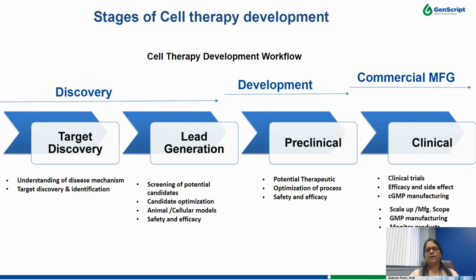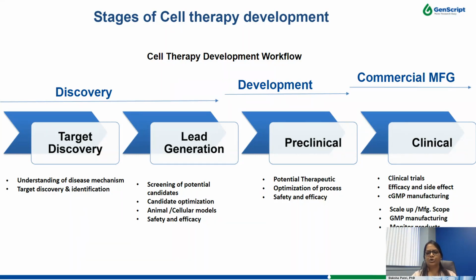Here I represent the cell therapy workflow, and the cell therapy work process is divided into 3 areas: discovery, development, and commercial manufacturing. In gene and T-cell therapy, the introduction of the gene could be either in vivo or ex vivo in the case of CAR T-cell therapy, but most importantly, the target responsible for the genetic disease or the cancer antigen for the CAR T-cell therapy has to be identified.